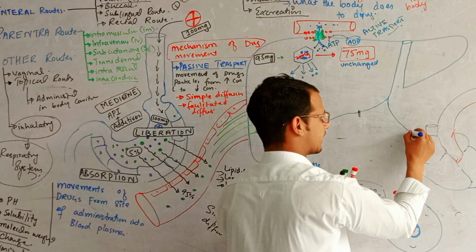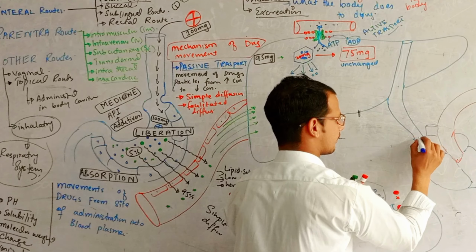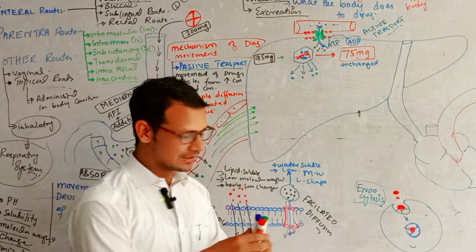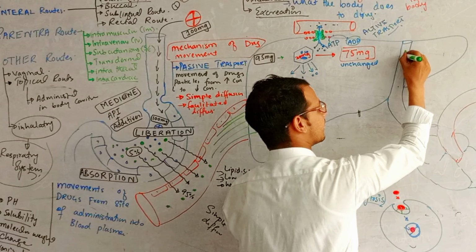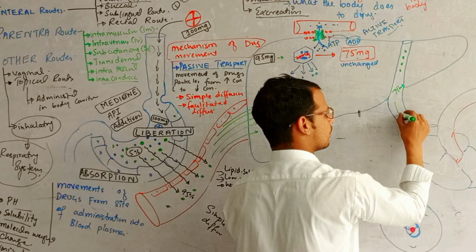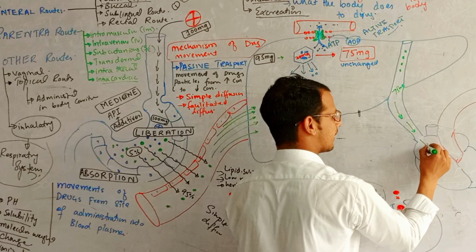Hepatic vein drains into the right atrium. So for example, the 75 mg drug goes into the heart.